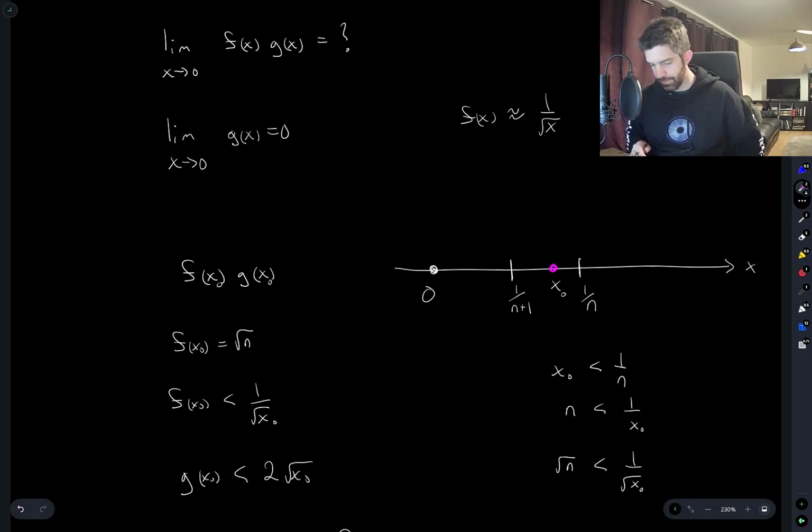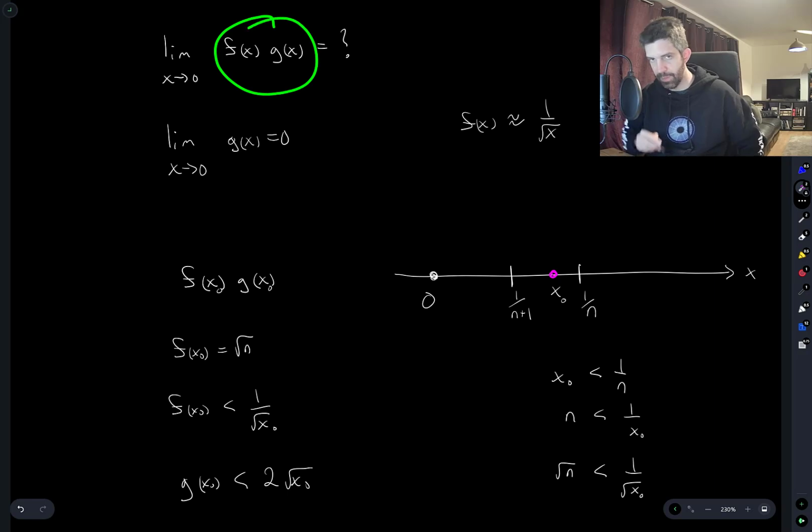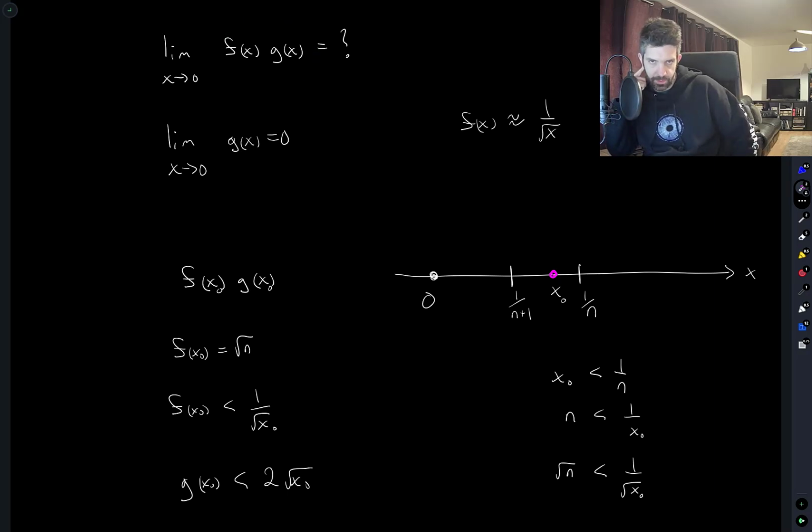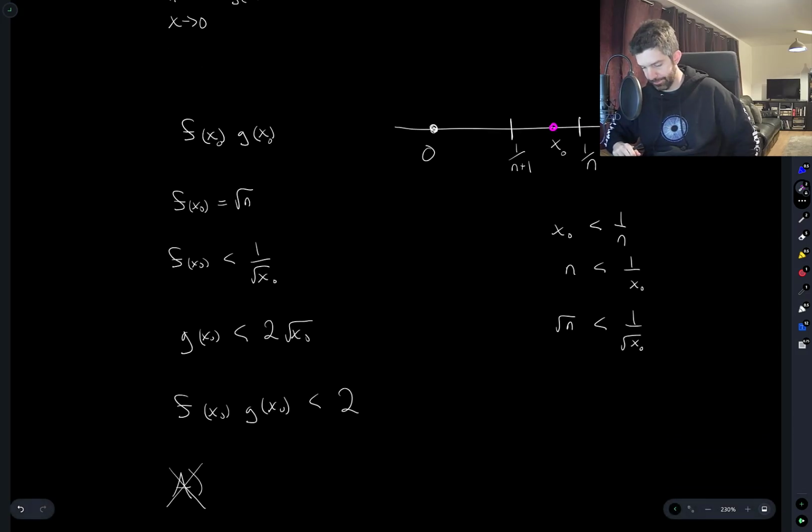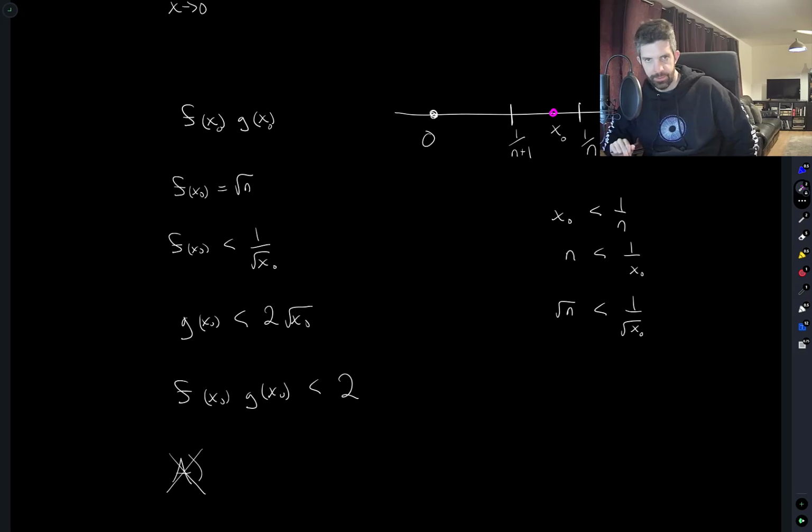This function f times g is bounded according to what I've just done. It's less than 2, right? And it's positive.